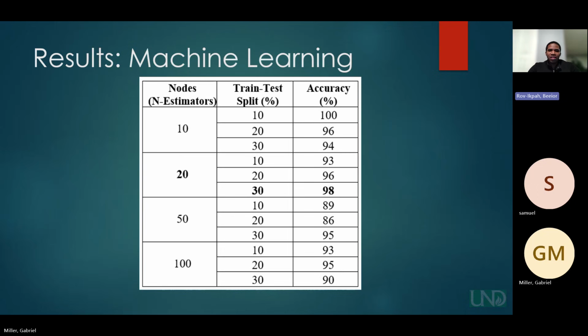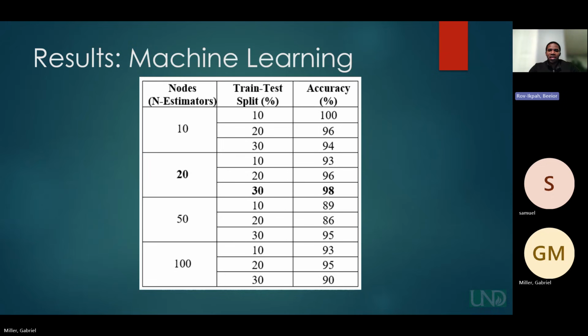When you see the next line, where we have 20 nodes, which we bolded, with a 30% test split, we had a 98% accuracy, which was the next best after the 100%. And it's more achievable and realizable in a real-time decoy or production environment situation.